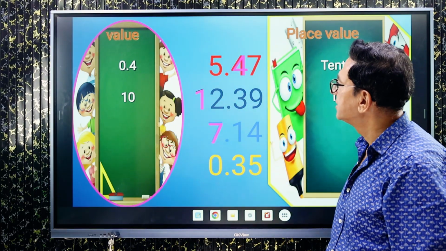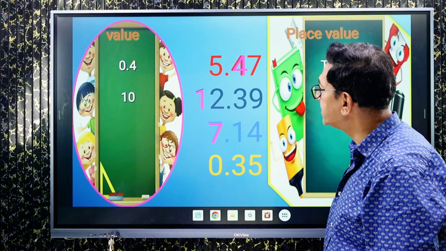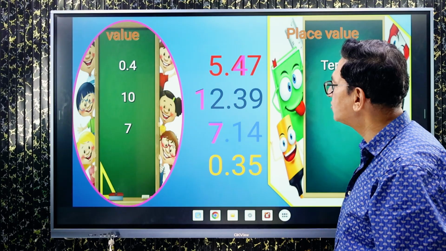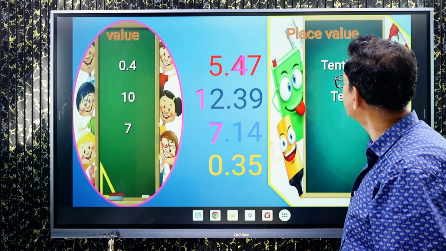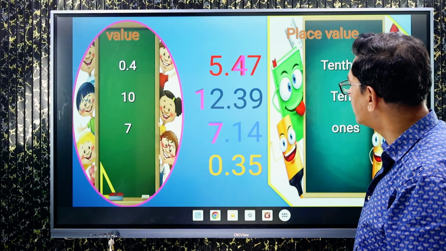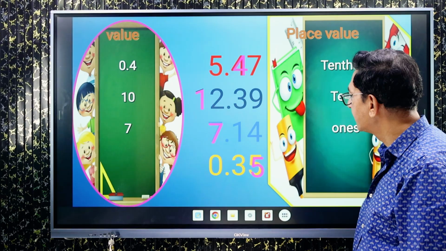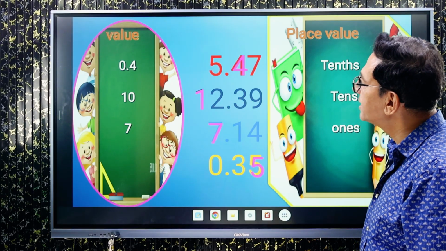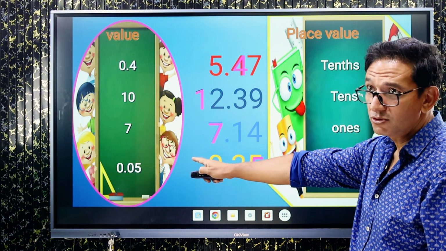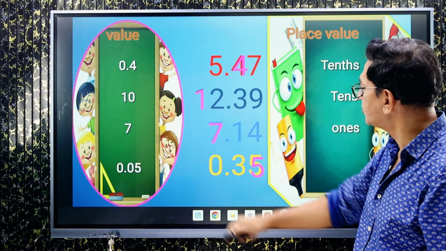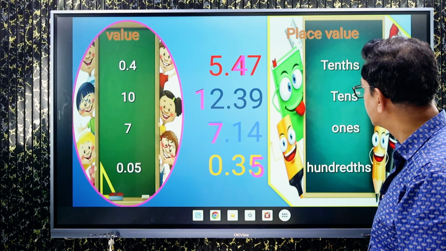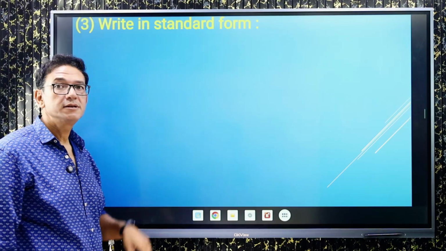Its value is 7, and its place value is ones. The last one, 5. Its value is 0.05, and its place value is hundredths. We write only the value of the colored digit. Okay?